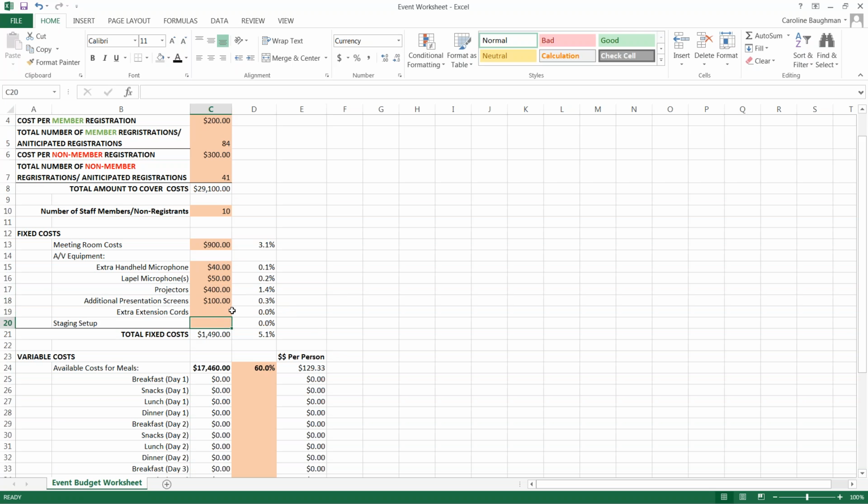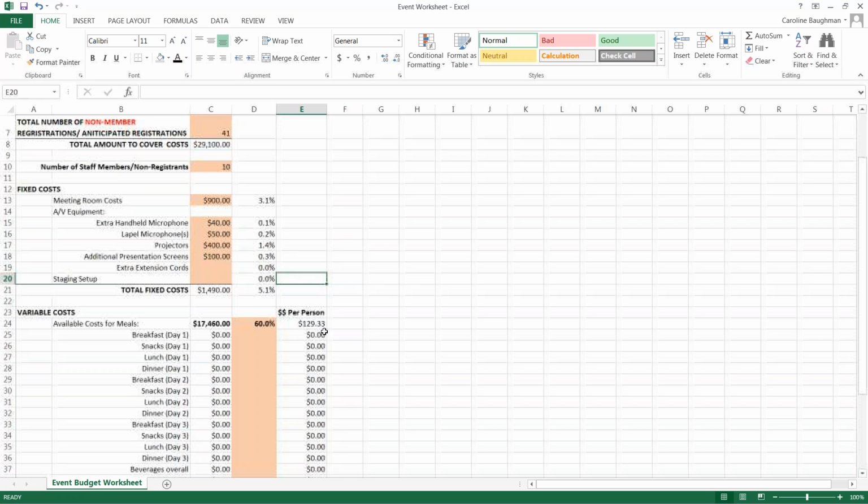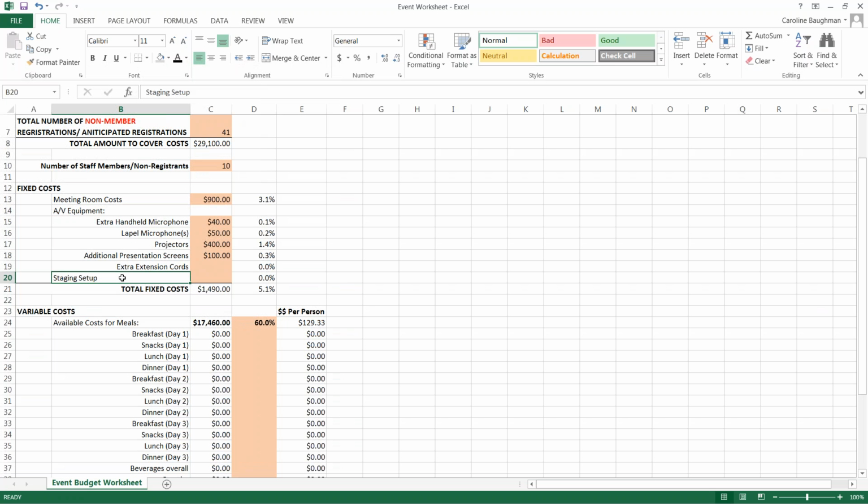And staging setup. That's often if you're doing like award ceremonies or any kind of business meetings, sometimes you'll want a nicer setup, and that's why that's kind of a standing item on ours, because we tend to have lots of events with staging setup. But you can fit that to whatever the case may be for your organization.